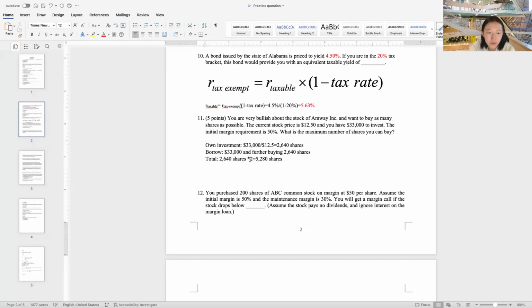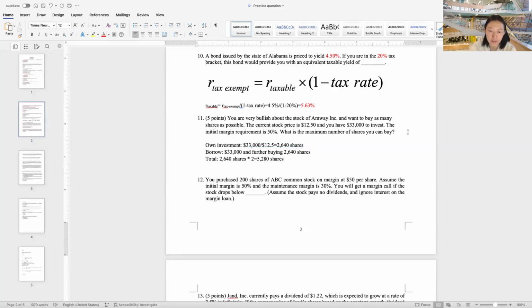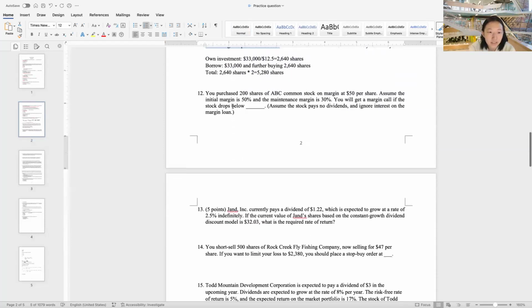I think there is a more straightforward way: when you got this, you just multiply by 2. That is the maximum number of shares the investor can buy with the initial margin equal to 50%.